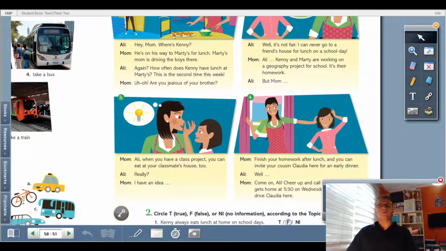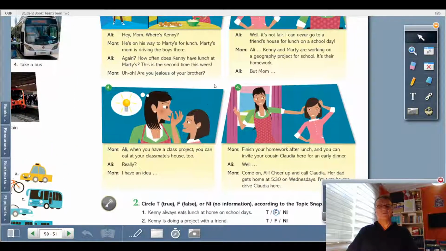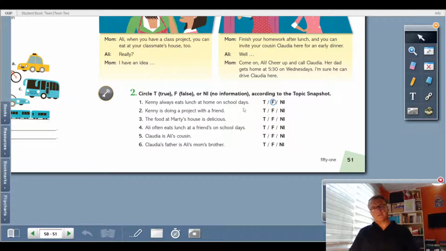I want you to read again these dialogues, and look at the question. Look at the sentences, let's say, whether they are true or false, or no information about that, according to the topic snapshot. Okay, read these sections, and look at the statements. Are the statements true or false, or you don't have any information?